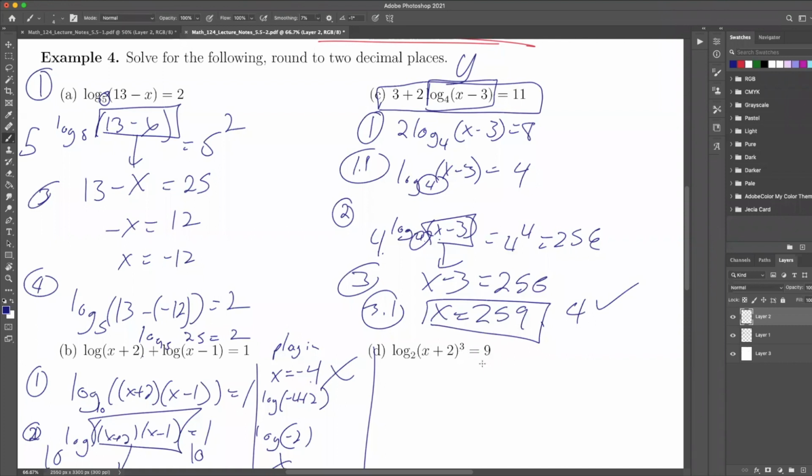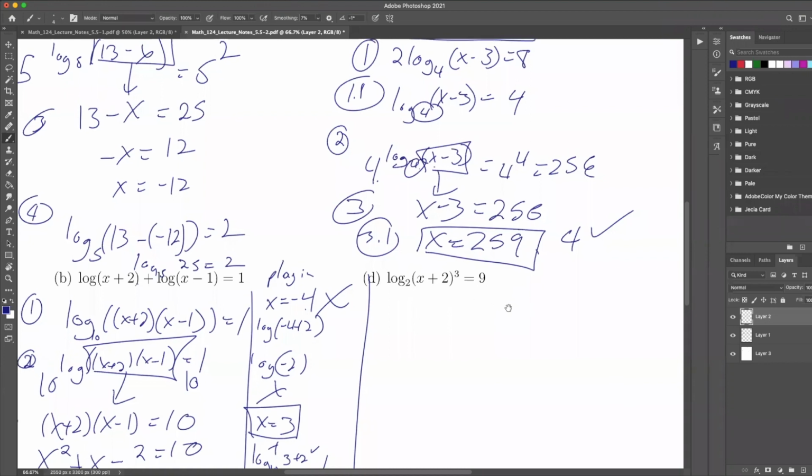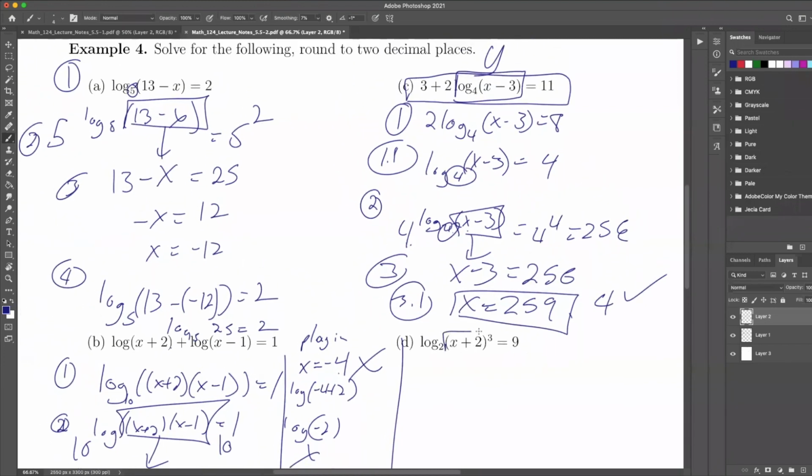All right, so let me show you one trick here with this one, and we'll look through the homework real quick afterwards, and we'll call it a day. All right, so here I have log base 2 of x plus 2, to the third power, right? So in this case, my log is technically isolated, right? I technically have all my log right here.